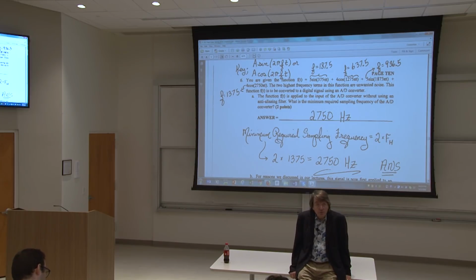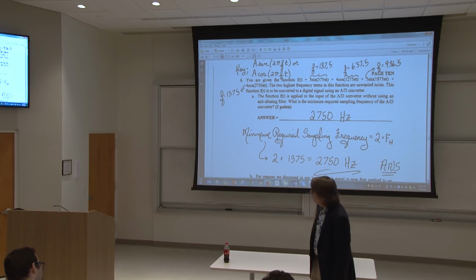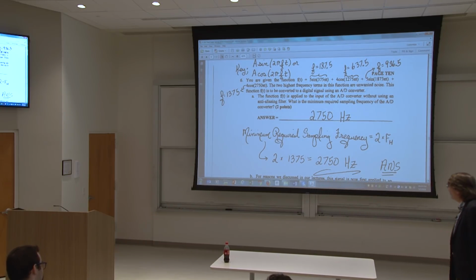So you go to the term with the highest frequency, find that frequency and multiply it by 2. The term with the highest frequency is 1375, so the absolute minimum sampling rate is 1375 times 2.